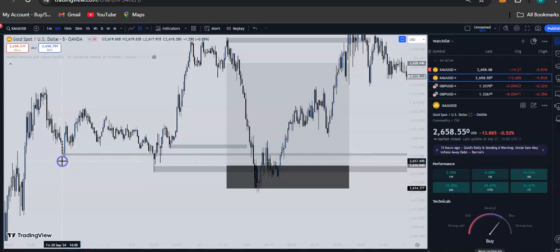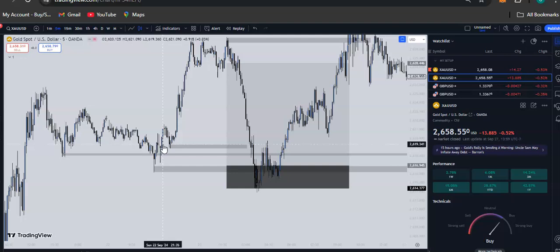And guess what? This was the high that propelled the entire retracement, and then price failed to make use of this particular high. So this tells me that we are valid. Now, if you're thinking about this other continuation pattern, it was very valid.